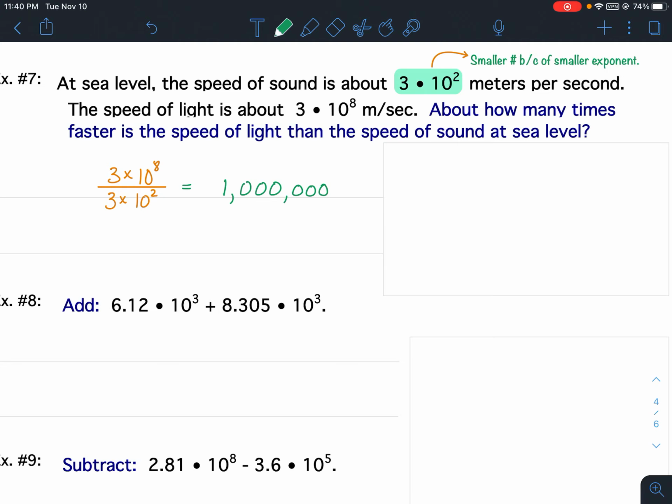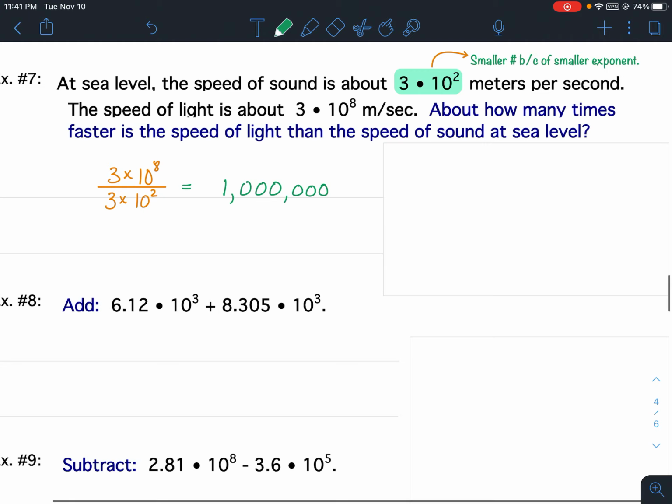The best example I can come up with is lightning and thunder. If the storm is close, we still usually see the lightning first and then hear the thunder. The further away a storm is, we'll see the lightning and then it'll be several seconds and then the thunder. That's proof to you that the speed of light is faster than the speed of sound.